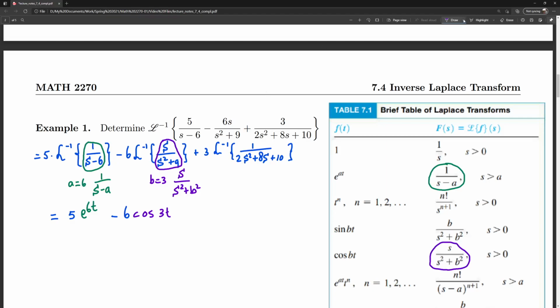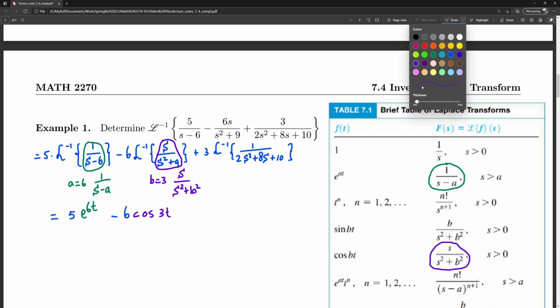Now, the last one is a little bit harder because when we look at s squared plus 8s plus 10, there is no corresponding value there. So what do we compare this with?